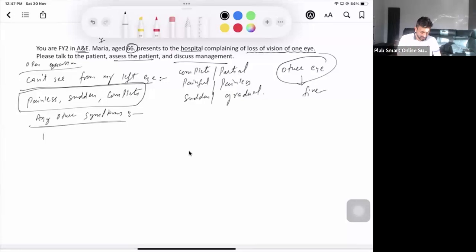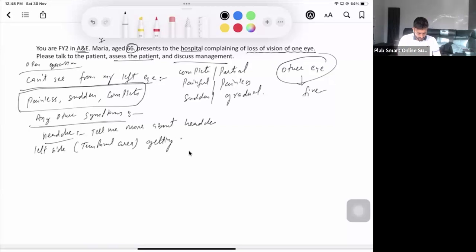Any other symptom? Yes, doctor, I have got a headache as well. What should be my next question? Tell me more about the headache. Doctor, it is on the left side here, in the temporal area, getting worse on chewing and combing.